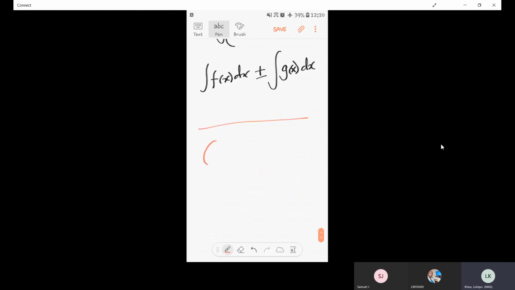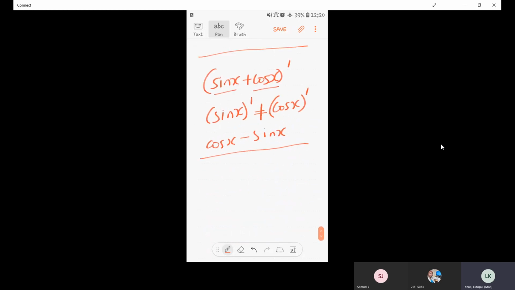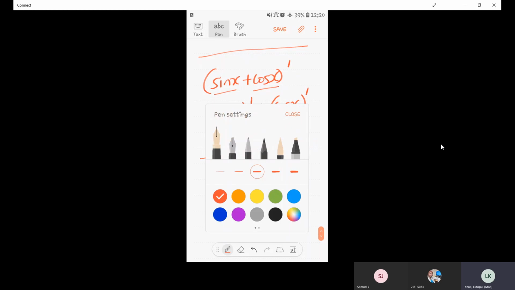If I gave you sine x plus cos x and said differentiate this, you differentiated sine x, and then you differentiated cos x, so you say this is cos x minus sine x. You differentiate each of them and then add them together. So the same rule also applies here when we are talking about integrals.